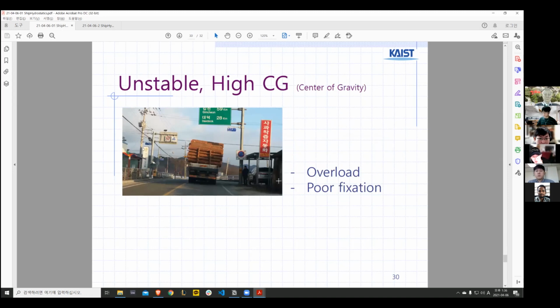Then what makes it unstable? It's a high center of gravity. Then we say usually unstable. So what makes a higher center of gravity is overload or poor fixation, like this car.